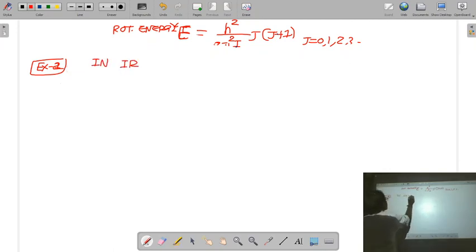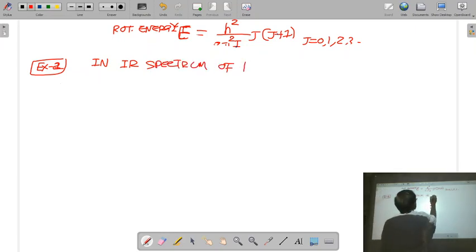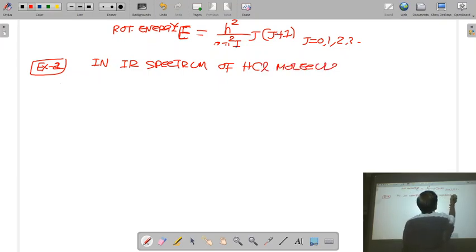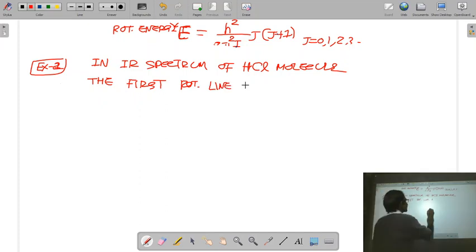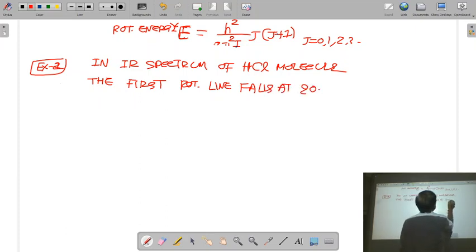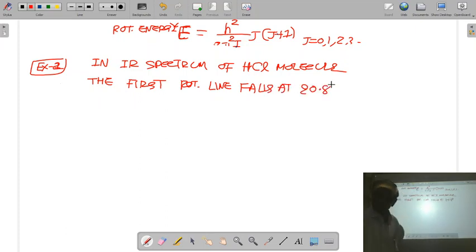The first rotational line falls at 20.8 centimeter inverse.